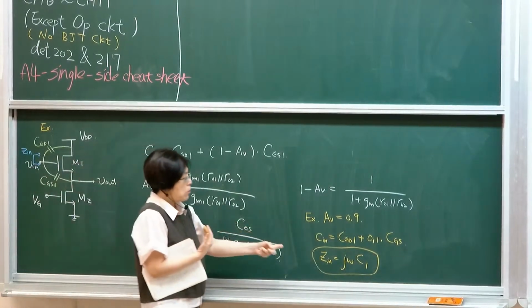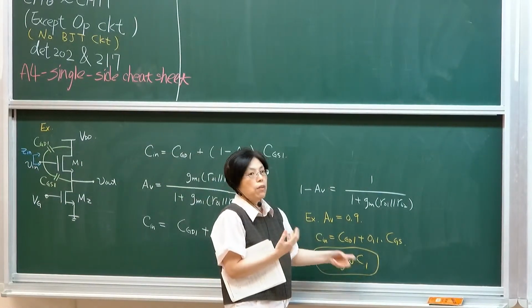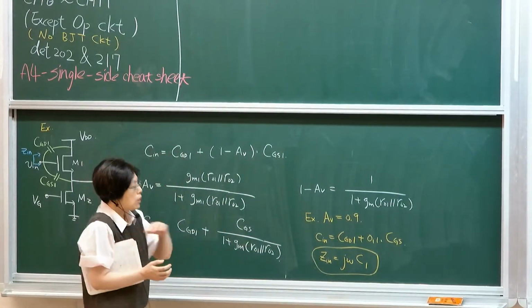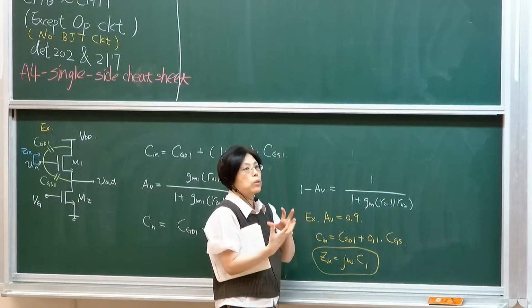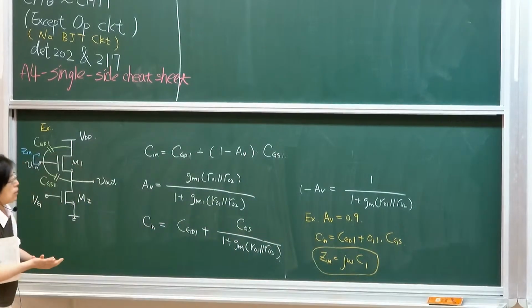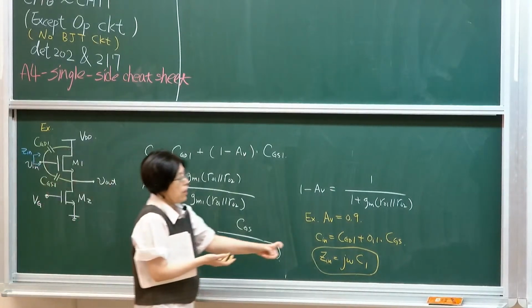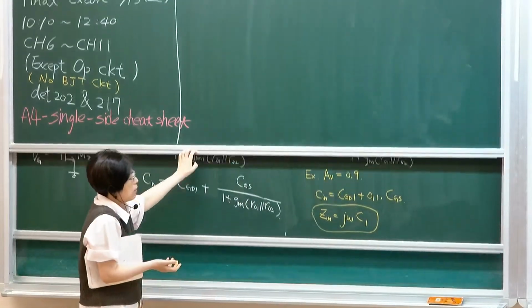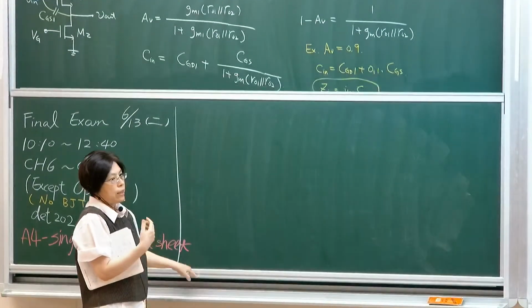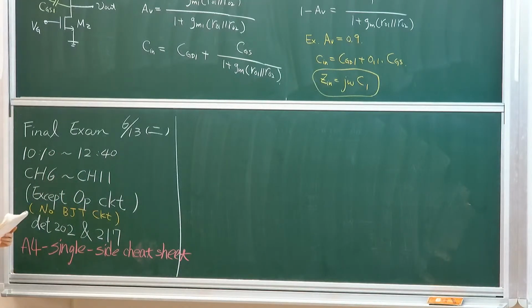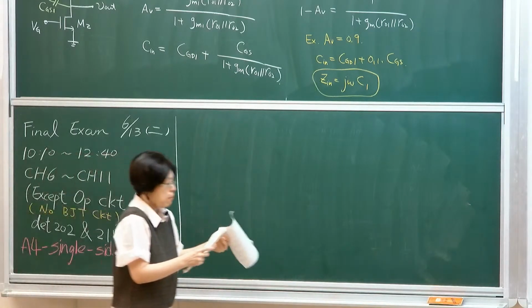So this reduced capacitance effect is beneficial, because you don't need to drive a large capacitance even with a large transistor, because of this attenuation effect. So that's an additional benefit of using a follower circuit.